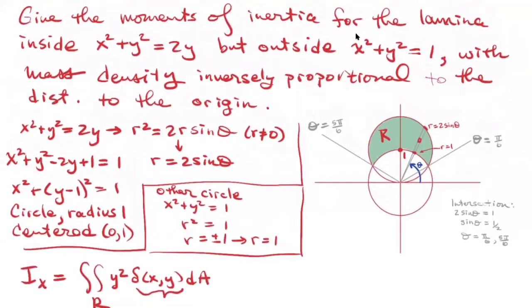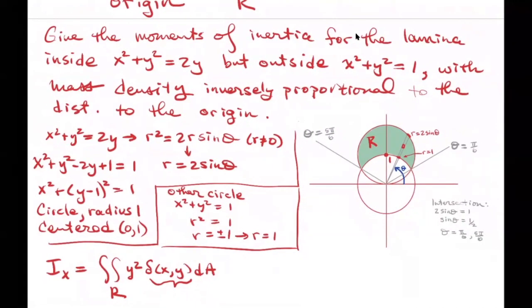So if you go back and see where it says the density is inversely proportional to the distance to the origin, we just say that the density, which I call delta. Remind you real quick, the book uses rho for density, I believe. I always check that every semester and it's always the same. The density is rho in the book, but that becomes a problem in spherical coordinates with a contradiction of variable names.